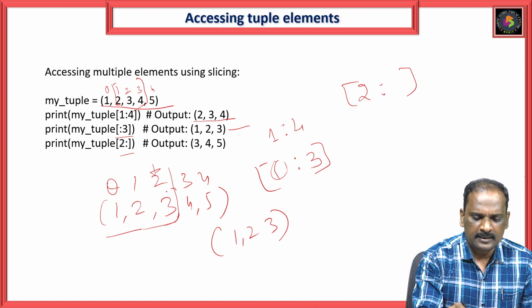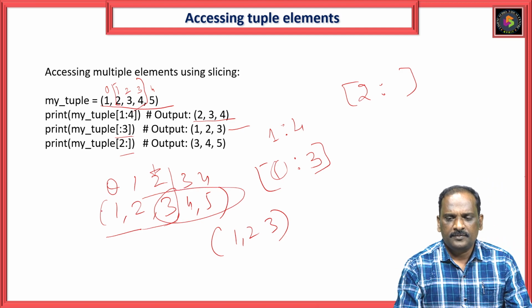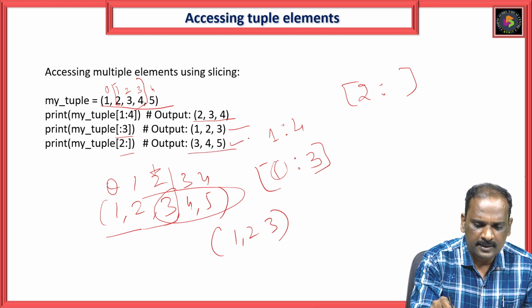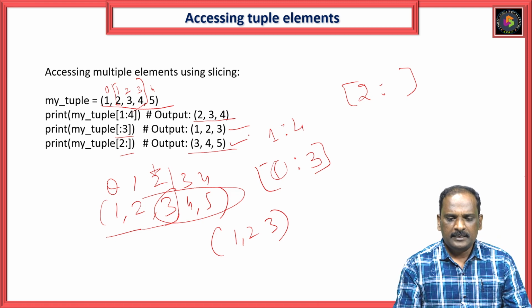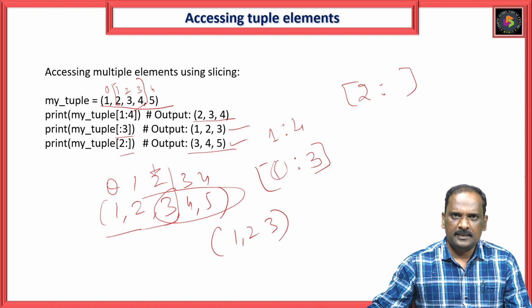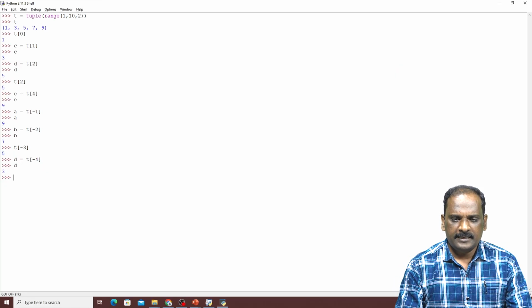So the element 3 is considered and all the remaining elements are taken because we have not mentioned the ending index. So here we will get 3, 4, 5. Since we are accessing the elements in the form of slicing, the output will always be a tuple. So this we shall see by using the Python interpreter to access the elements of a tuple by using slicing.